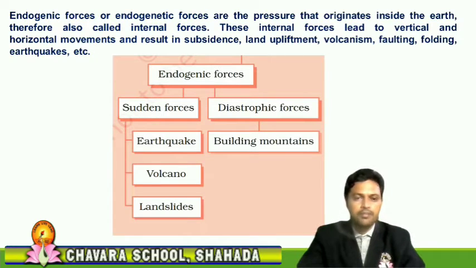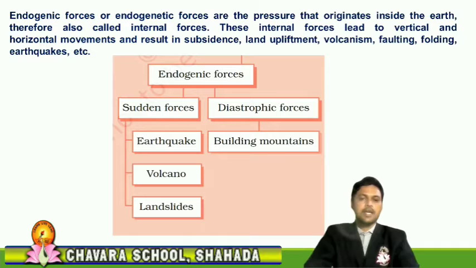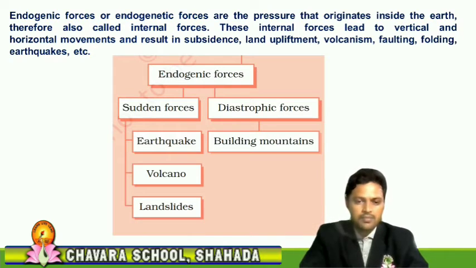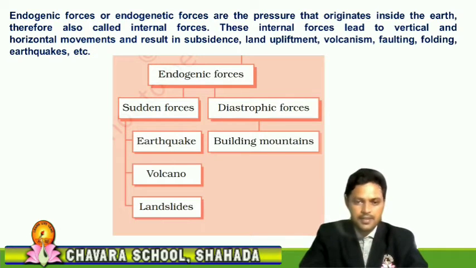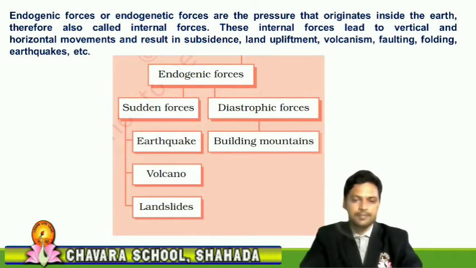If the velocity of these forces is high, they are known as sudden forces, and sudden forces can result in earthquakes, volcanoes, and landslides. And if the velocity of these forces is less, they are known as diastrophic forces, and diastrophic forces can lead to the formation of the mountains, plateaus, and continents.